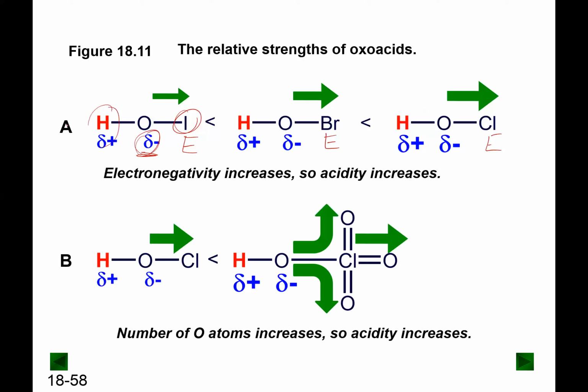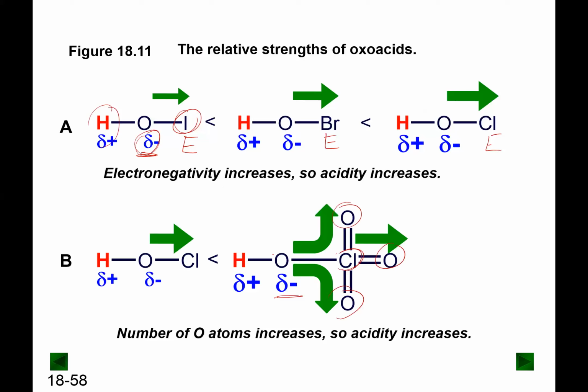Now, a similar thing is going on when we have an oxoacid like this, where not only are we pulling electrons away with this atom, but we're increasing the pull by adding oxygens out here.